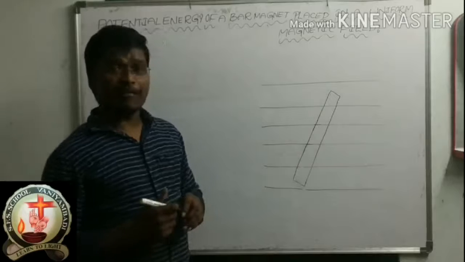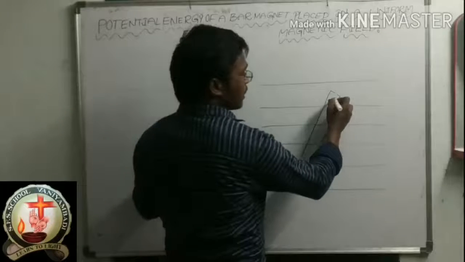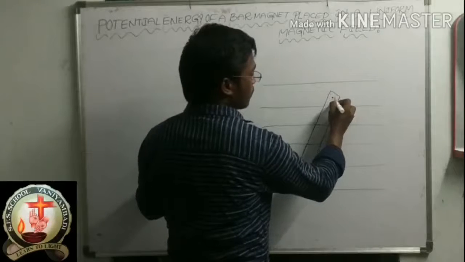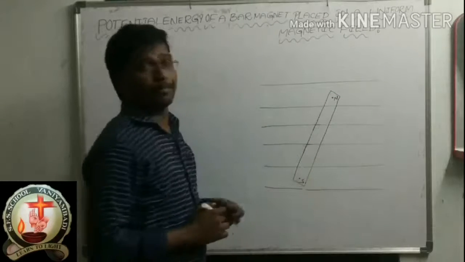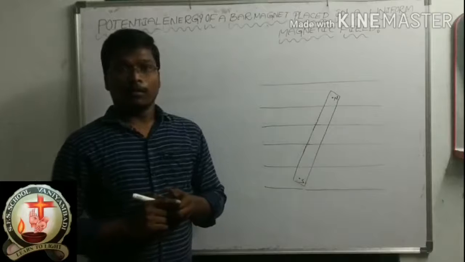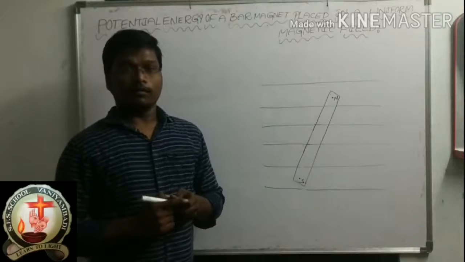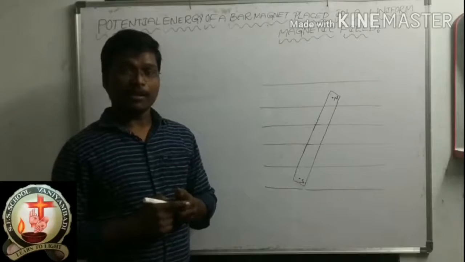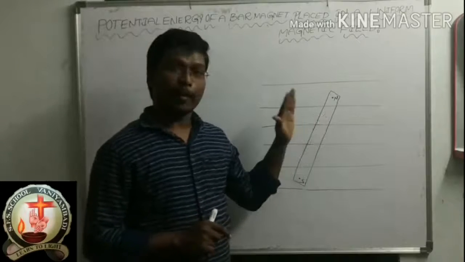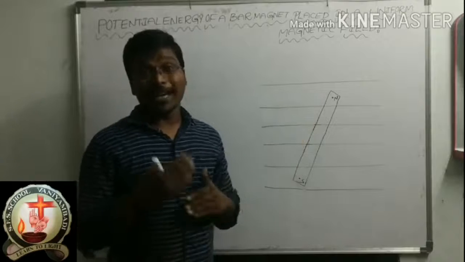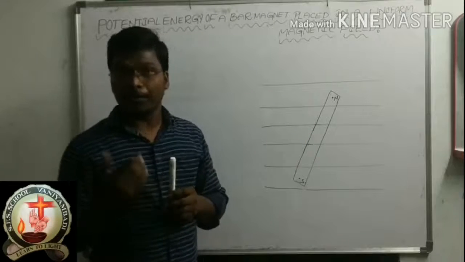That bar magnet has two poles, north pole and south pole, and this magnet has a magnetic dipole moment. Which term do we denote it by? P. Okay.